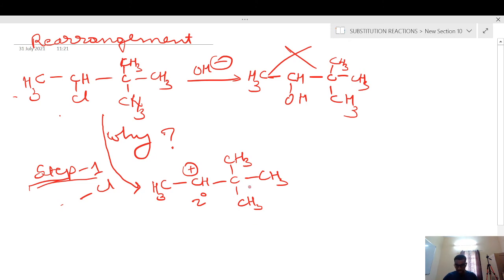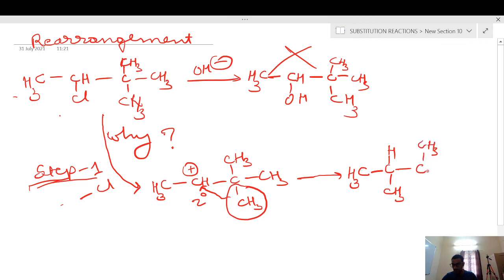So what happens? A group migrates to this carbon, and now you will get CH3CH2C plus (CH3)CH3. This is a tertiary carbocation, more stable.